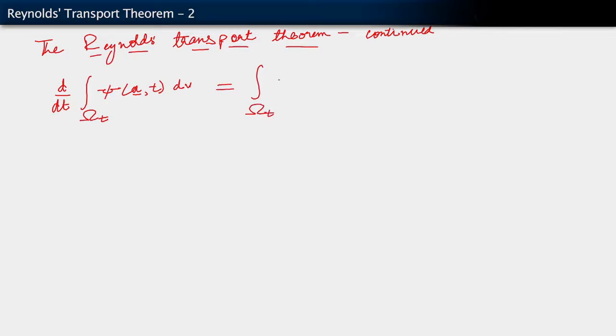What we discover is that this is just the integral over d little v of the partial time derivative of psi plus the divergence of psi multiplied by the velocity, the spatial velocity of the deforming body.